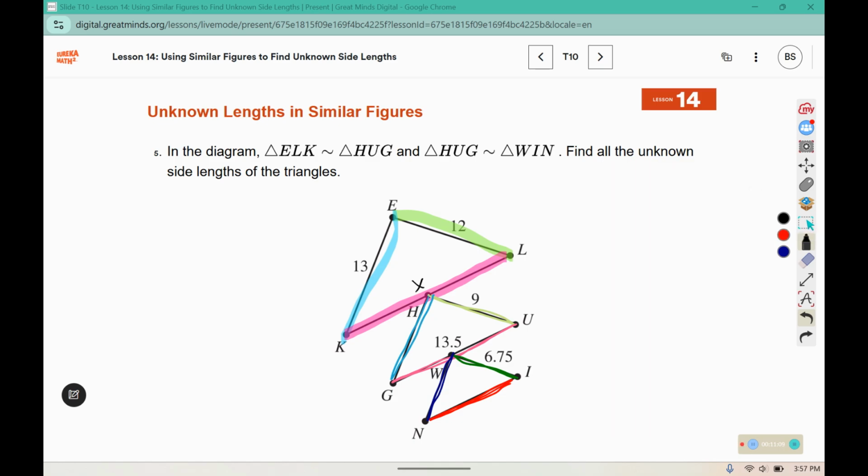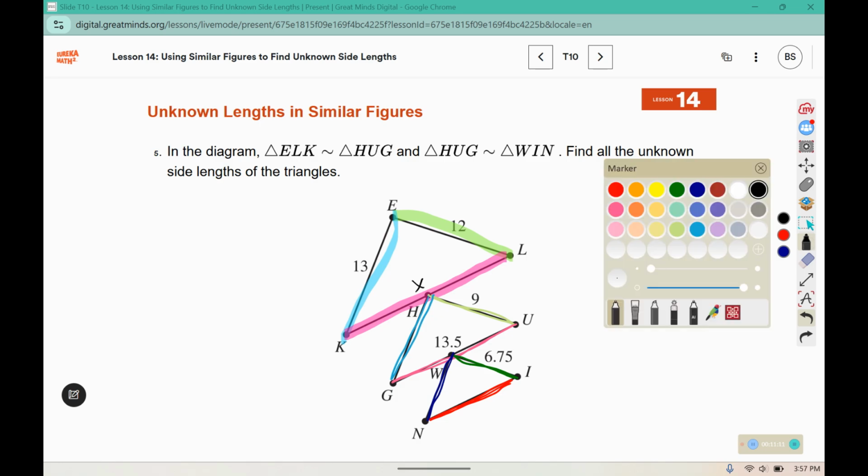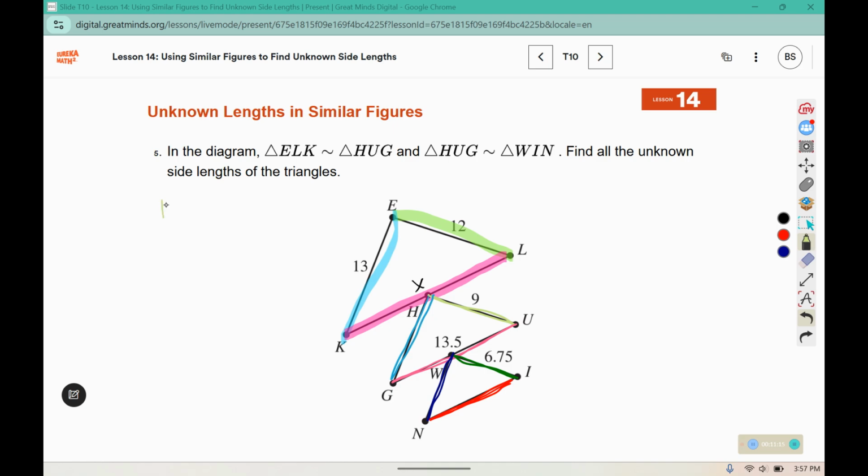So we're going to set the fractions equal to each other. So we have 12 and 9 go together. So then the 13, and we'll label this one y, go together. We'll cross multiply and divide.